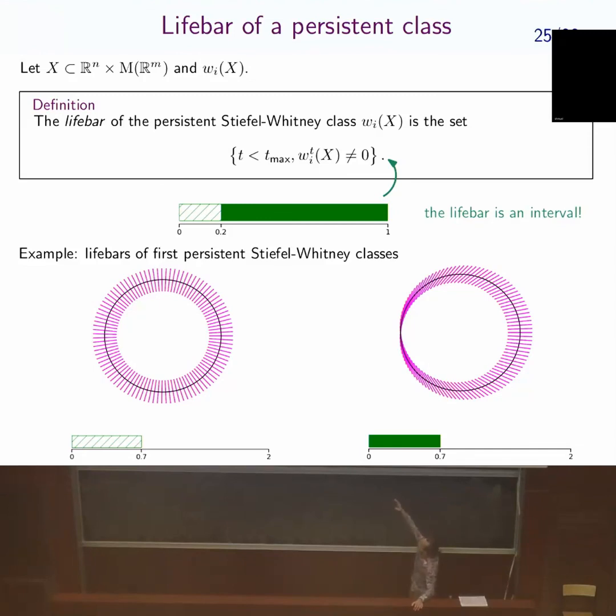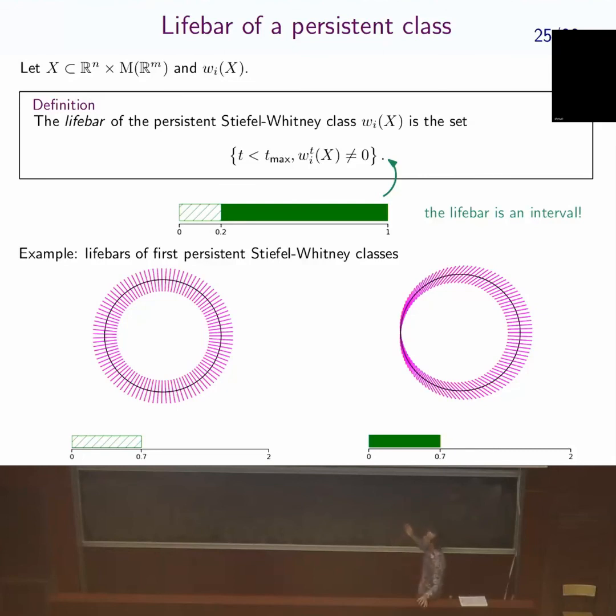And I represent it like that. So the live bar goes from 0.2 to 1. And what happens is that this live bar is an interval. It means that if the class is non-zero at some point, it will be non-zero until the end of the filtration.